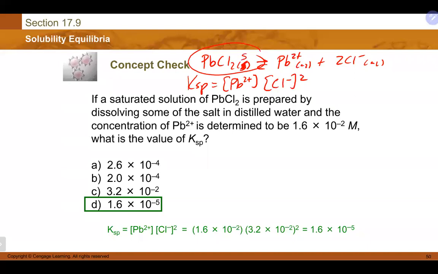In this particular case, it is prepared by dissolving in distilled water, and the lead concentration is determined to be 1.6 times 10 to the -2. So we could use an ice table to help us figure out what the KSP value is.